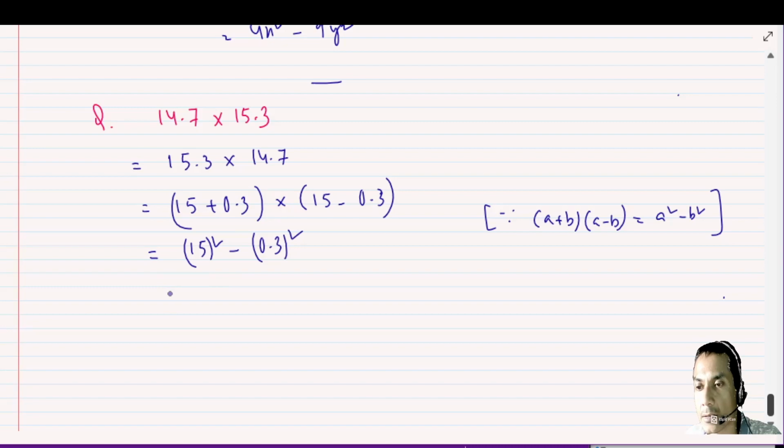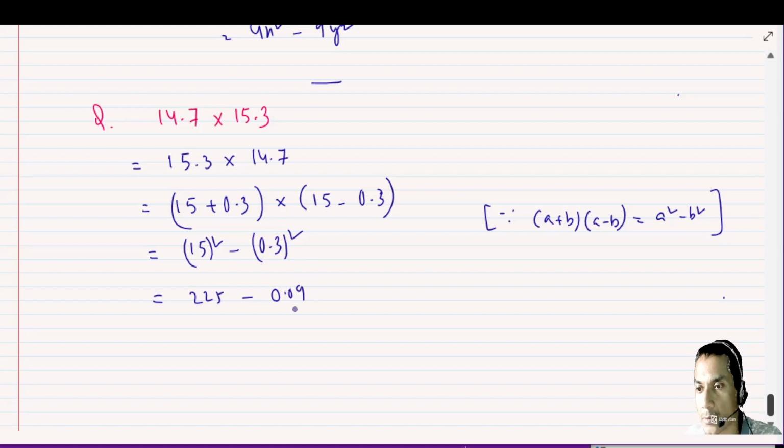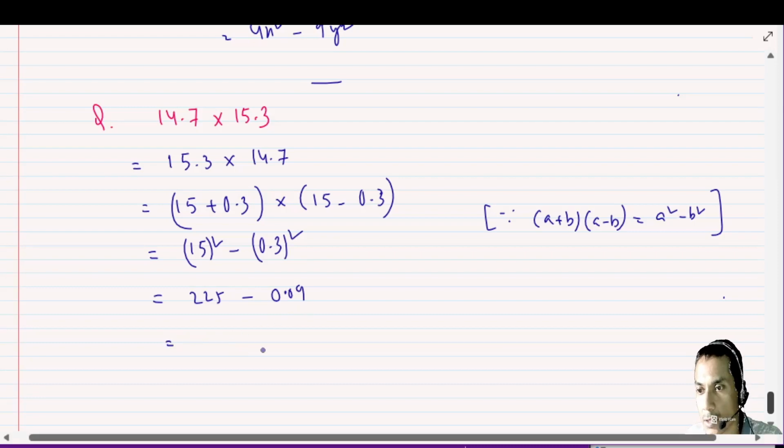You can check my playlist. So 15 square: 1 times 2 is 2 and 5 times 5 is 25, so 225. Minus 0.09. So the answer is 224.91. Clear? So this is the correct answer.